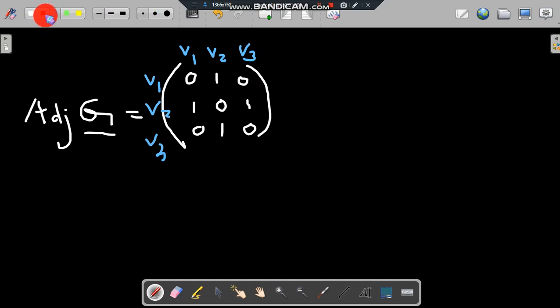So let me take those as vertices now: vertex 1, vertex 2, vertex 3. So 3 vertices I have taken here, and vertex 1 I have taken this, vertex 2 I have taken as this, and vertex 3 I have taken as this particular dot or point.